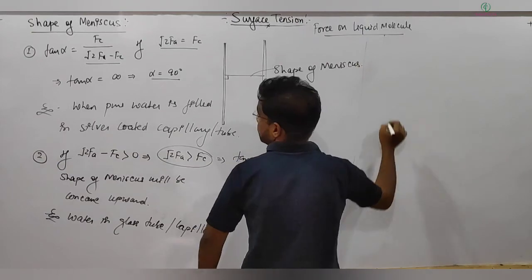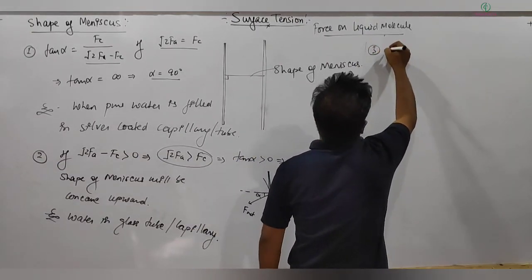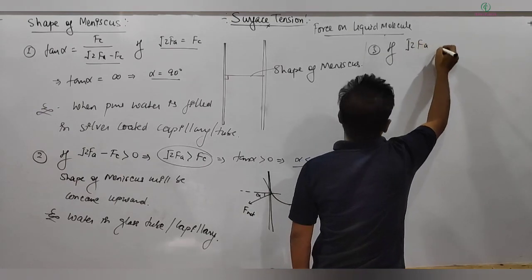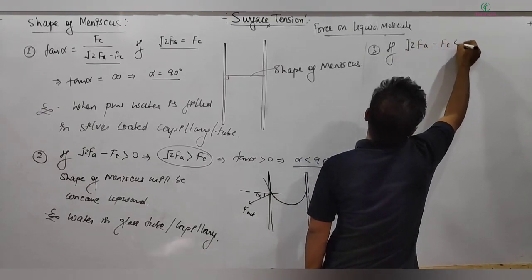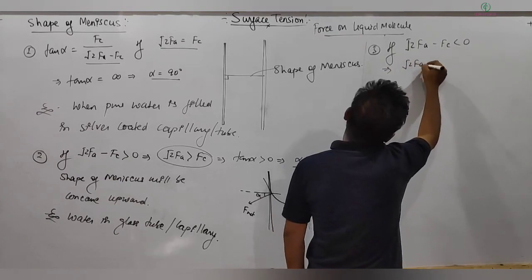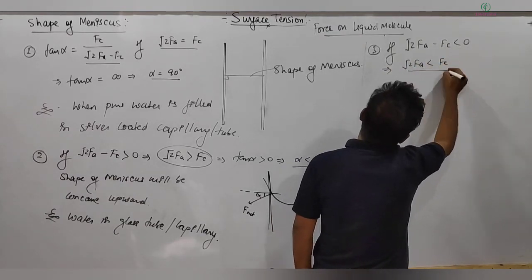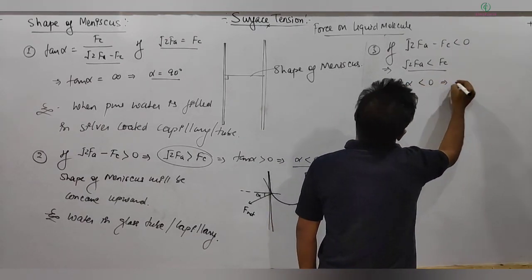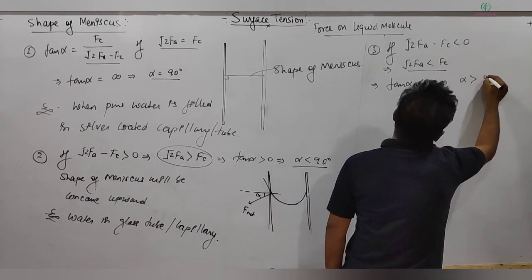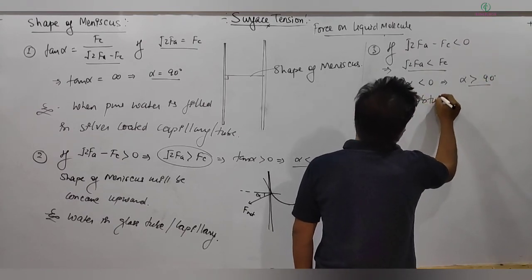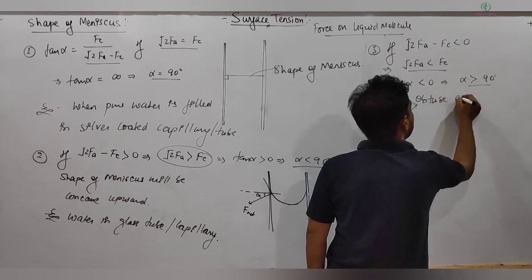is the third case, if root 2 Fa minus Fc is less than 0, that implies root 2 Fa is less than F cohesive. This implies tan alpha is less than 0, alpha is greater than 90, obtuse angle.